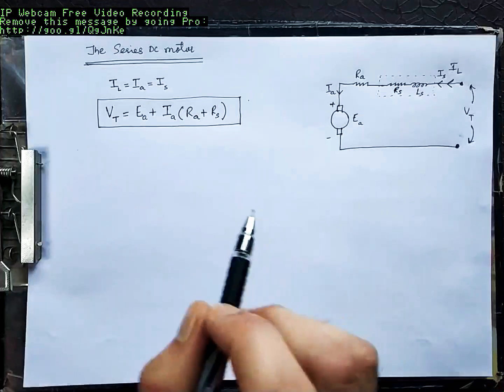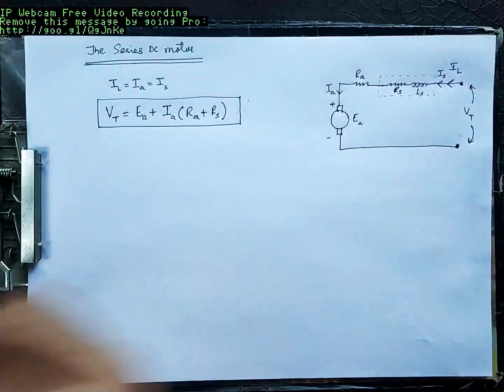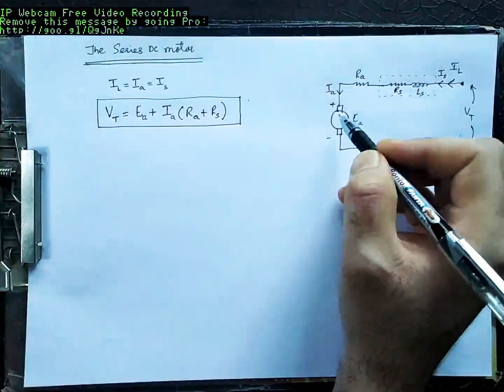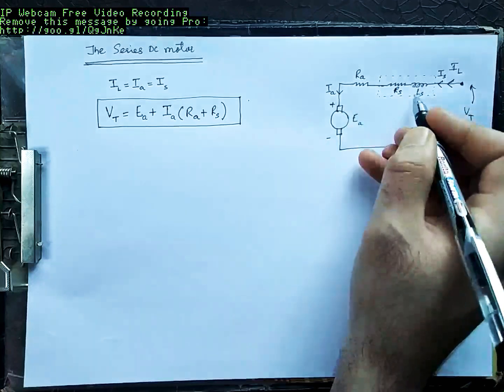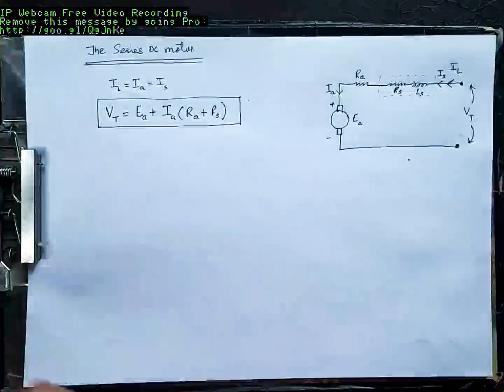One of the main differences is that since the field is connected in series with the armature, the field current is the same as the armature current. This has a serious effect on the motor.